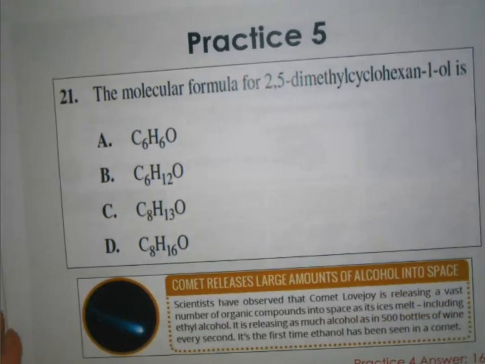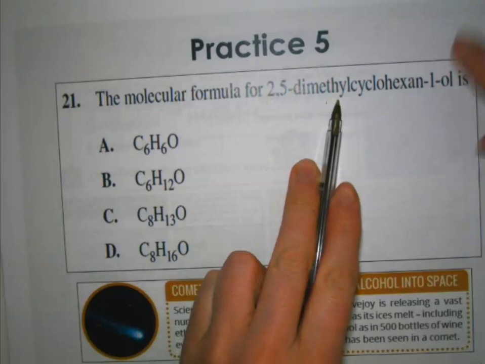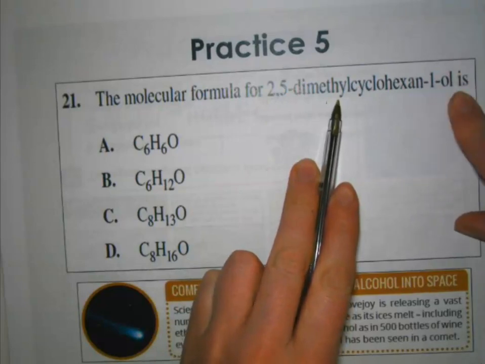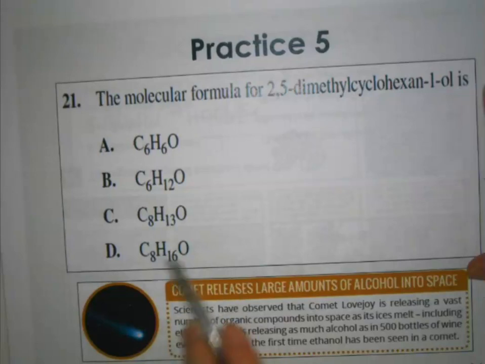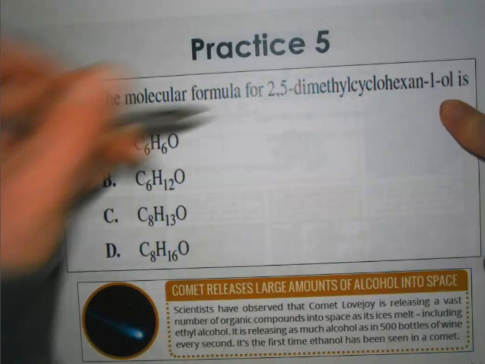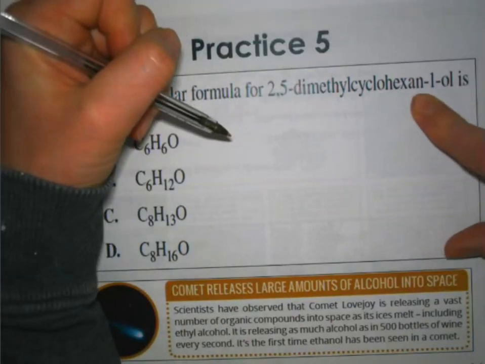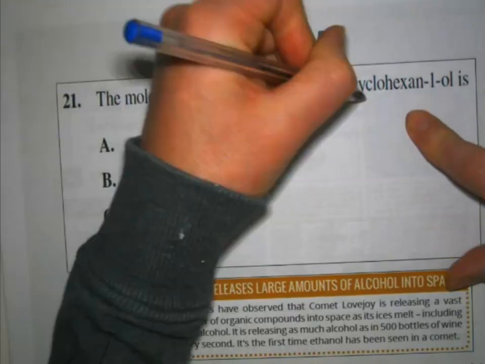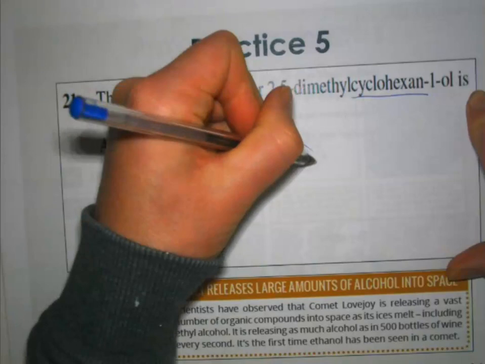Last of all, we have the molecular formula for 2,5-dimethylcyclohexan-1-ol. We need to figure out how many carbons, hydrogens, and oxygens would be in this structure. In order to do that, we have to draw it out. I would start out by thinking about the root cyclohexane, so I'm going to have a cyclic structure with 6 carbons.